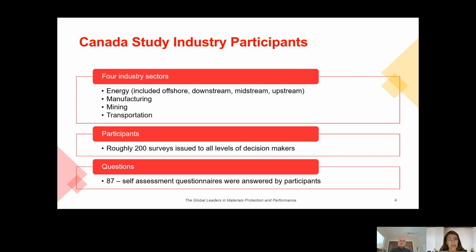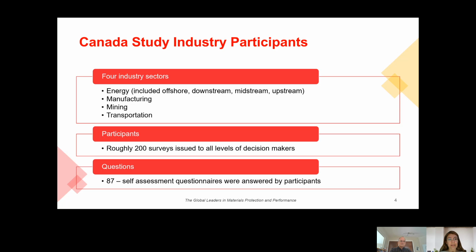So how did we do that? We divided the study into 4 industry sectors. The primary industry sectors in Canada: energy, which included a huge portion of the study, offshore, downstream, midstream, and upstream.